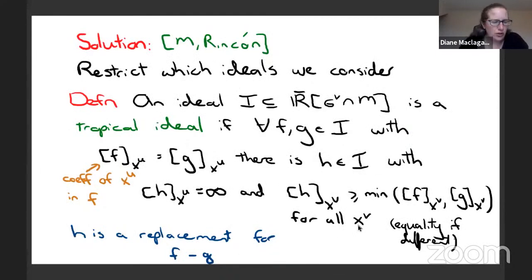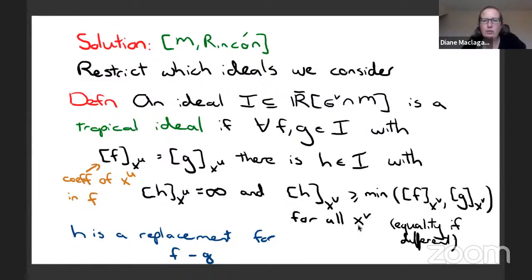So the solution, and maybe I'll just say a few words about this, focuses on joint work of mine with Felipe Rincon, but we've got an increasing group of people thinking about related ideas in these foundations. When we want to look at subschemes of tropical toric varieties, we didn't really like these arbitrary ideals, these arbitrary varieties, and we didn't like this lack of Noetherianness.